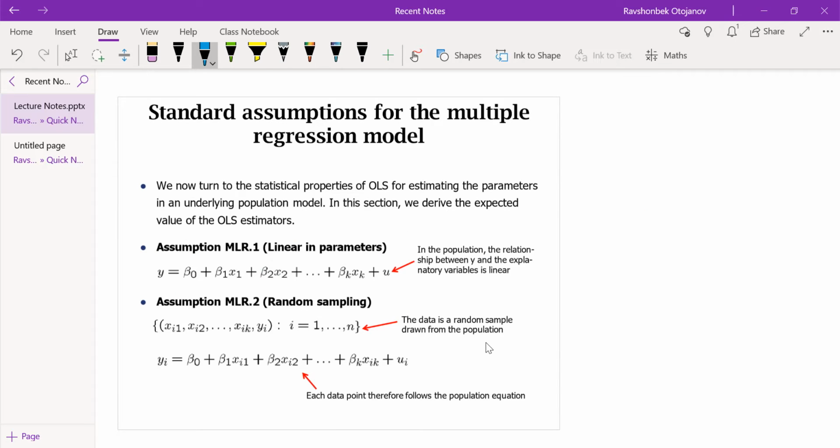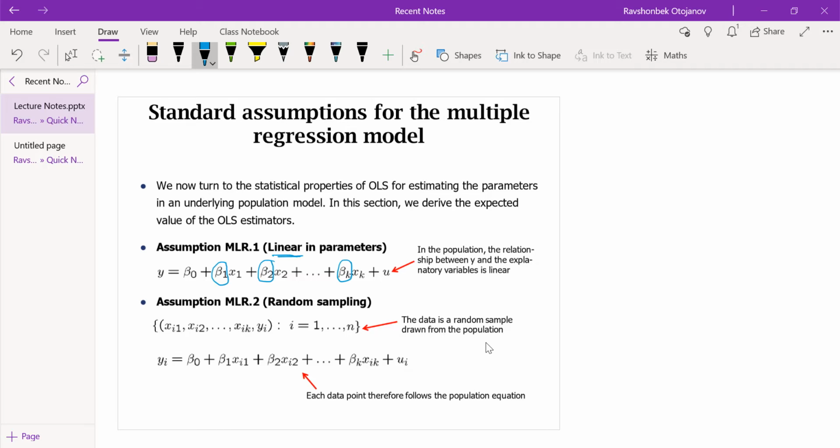Let's now talk about statistical properties or assumptions for the multiple linear regression model. Some of the assumptions are simply borrowed from the simple linear model. So we'll start with the first one. As in the simple linear regression model, we assume that the model is linear in parameters, which means as long as the parameters are not in squares, do not have some exponent, or are not in some sort of ratios, then this is a linear model.